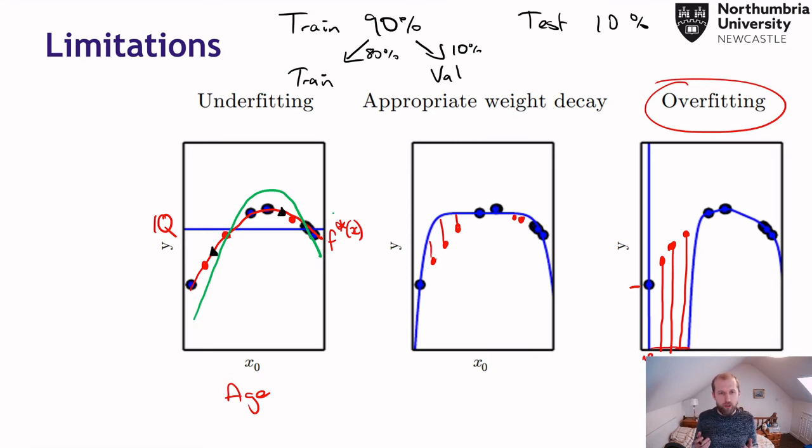If the model has done a really good job of learning the distribution that it's already seen, it can then become very bad at learning new distributions.